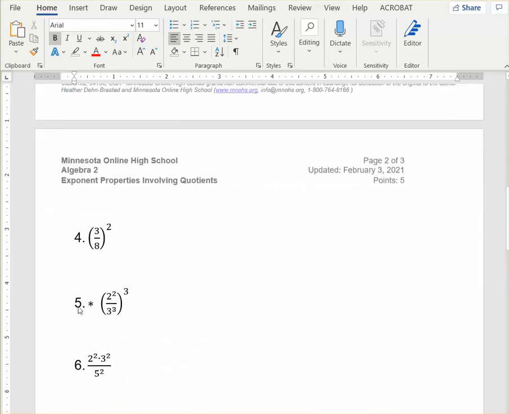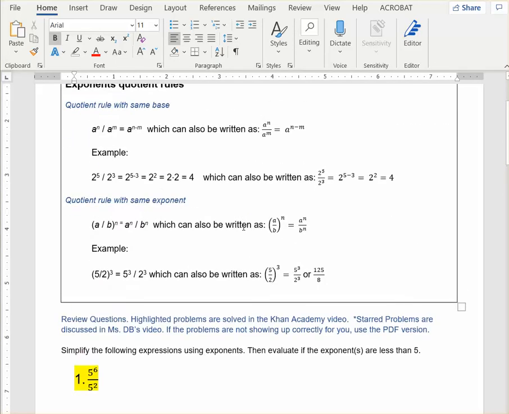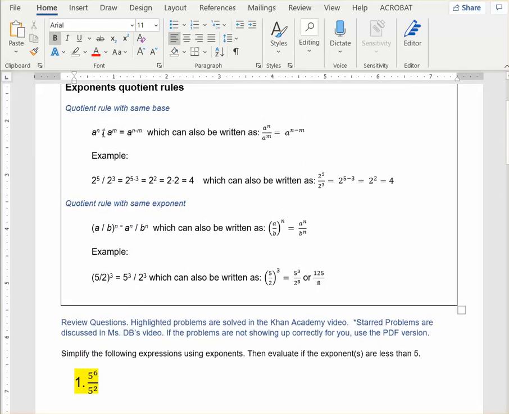We're going to look at number 5 because this one looks a little complex. And you can type your answers. In fact, at the top, I showed how you would write this if you were typing, first with the backslash key for the fraction bar. Or you can insert an equation, which is what I did on these ones over here.